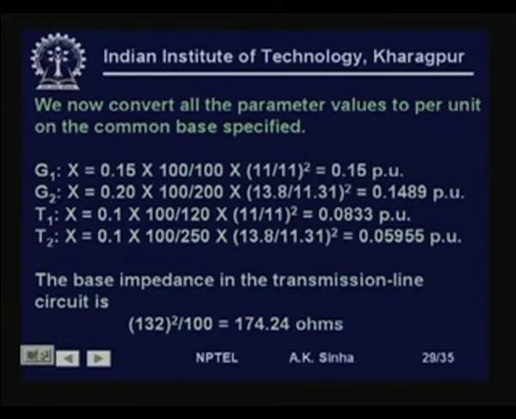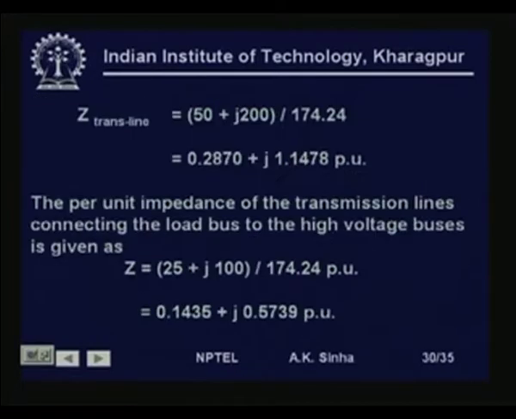So, we know the Z base for the transmission line circuit as 174.24 ohms. Therefore, we can find out for each transmission line the per unit value of the impedance.